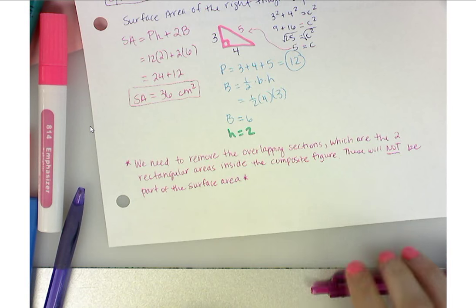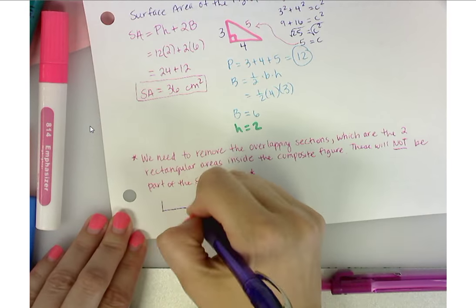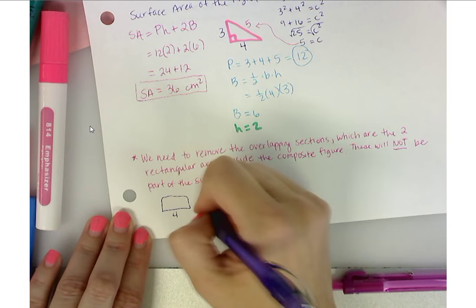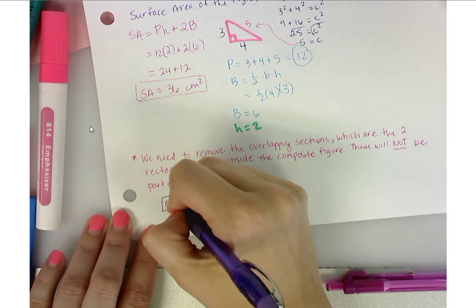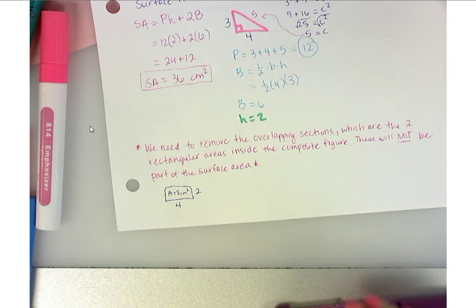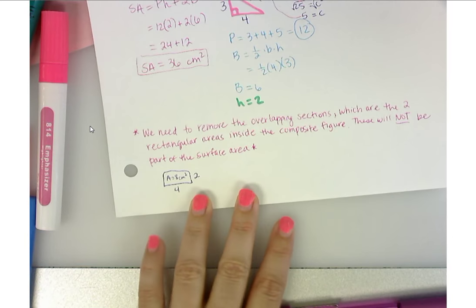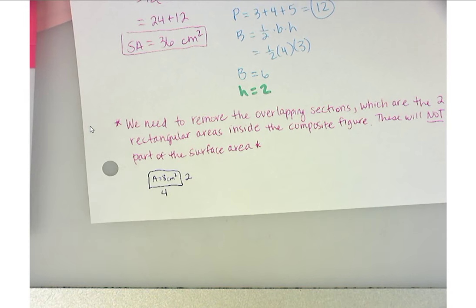So let's go ahead and find out what that area would be. Again, it's going to be a 4 by 2 rectangle, so the area would be 8 centimeters squared. You can do this a couple of different ways. You can either add those together first and then subtract the 8 twice, or you can subtract it from each shape.